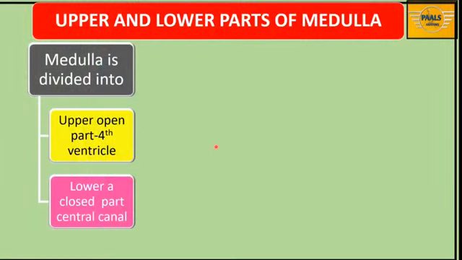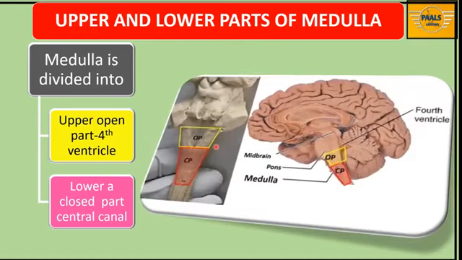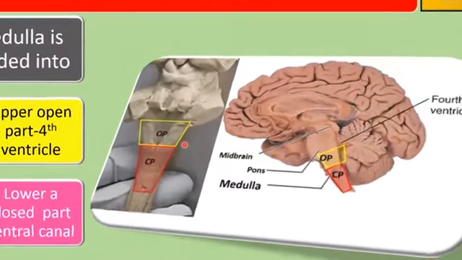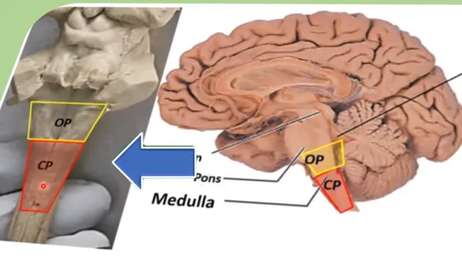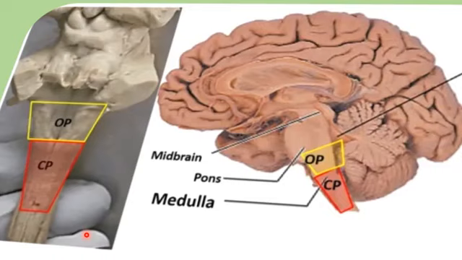The medulla can be divided into two parts, the upper part and the lower part. Now we have two views of the medulla. Here is a mid-sagittal section, and then here is the posterior view. In both views, we can see the two parts of the medulla. Now we have the upper part of the medulla, which is also called the open part.